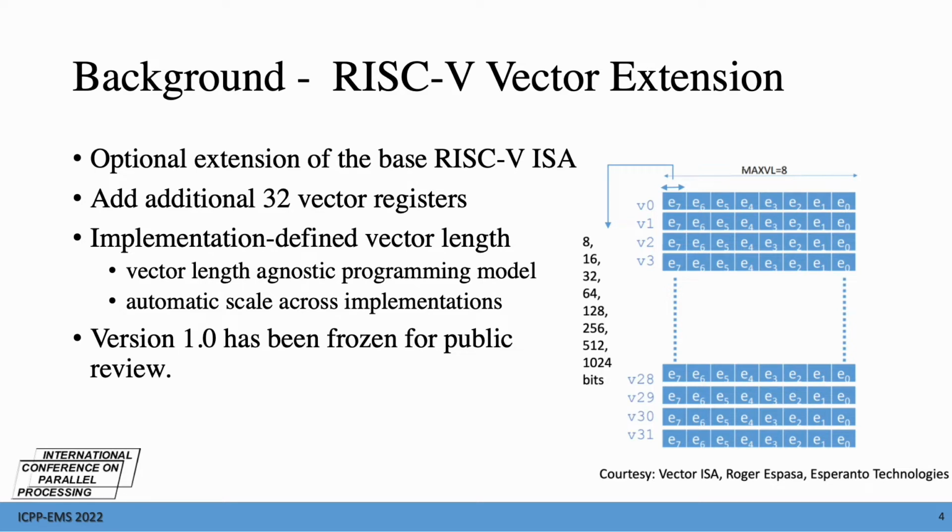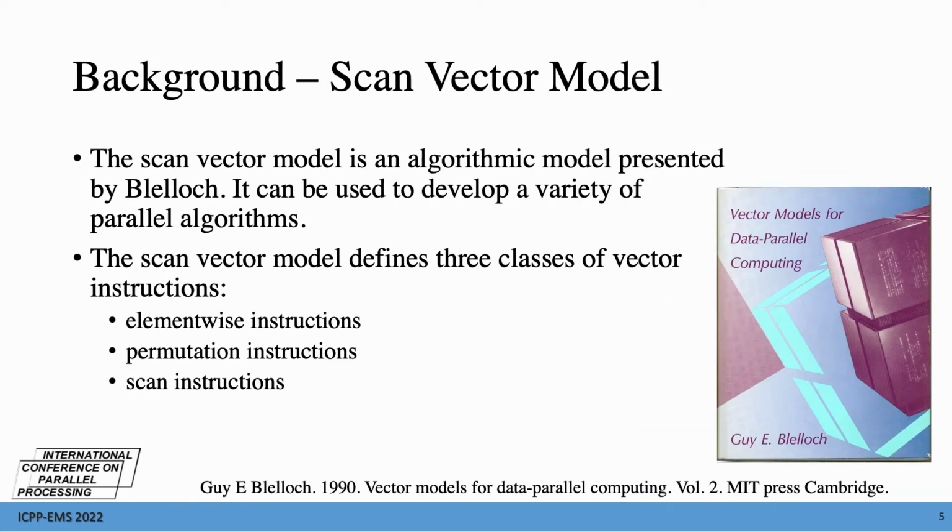Currently, the specification of RISC-V vector extension is version 1.0 and has been frozen for public review. It is considered stable enough to develop software projects. The scan vector model is an algorithmic model presented by Blelloch. It can be used to develop a variety of parallel algorithms.